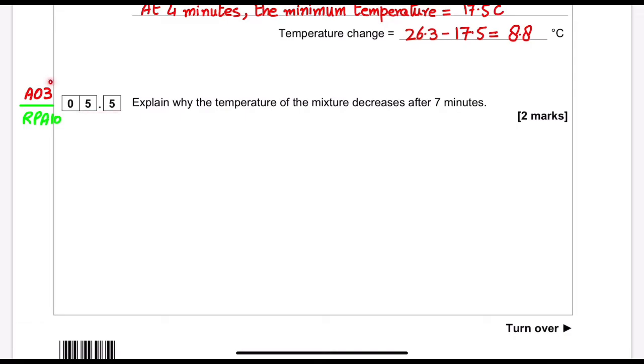5.5 is an AO3 question and it is from the topic of exothermic reaction, endothermic reaction, and the reactivity series. And it is from the required practical activity number 10. Explain why the temperature of mixture decreases after 7 minutes. To answer this question, we need to use the figure number 4 again.